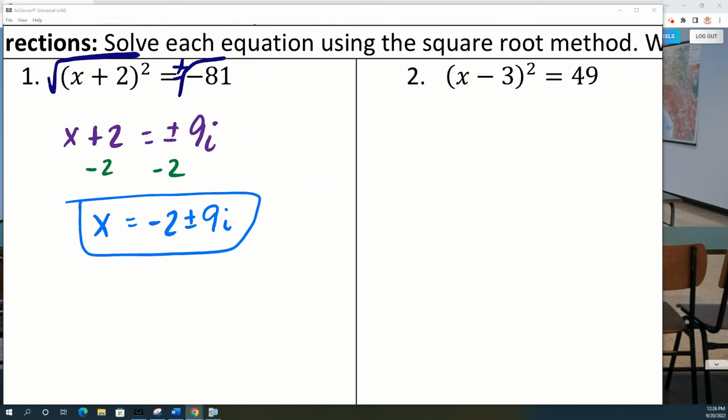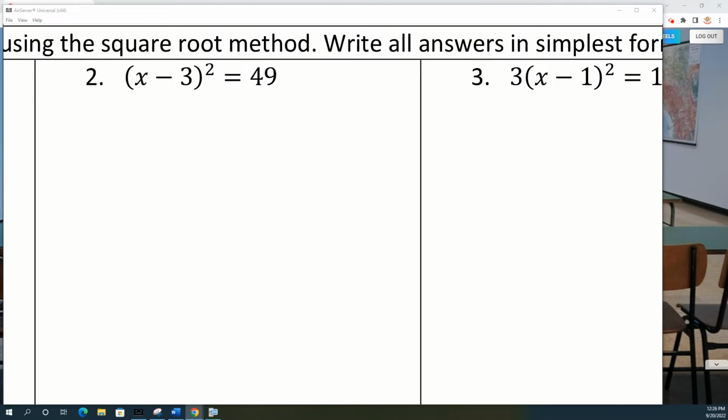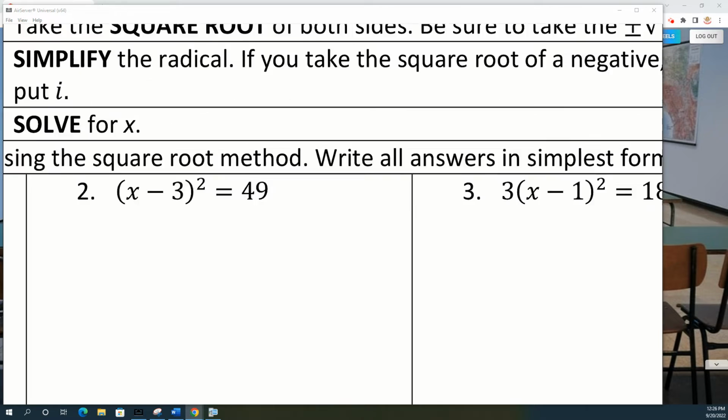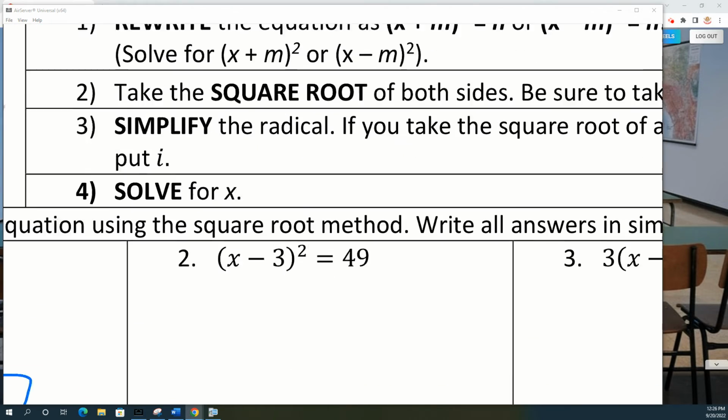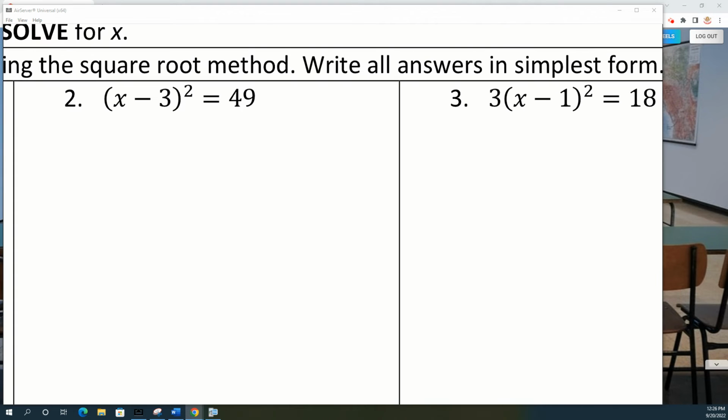All right, let's look at number 2. So same thing. We already have the first step done, so we can go ahead and go to step 2, which is to take the square root of both sides. And the square root will just cancel out the square. And then what's the square root of 49?